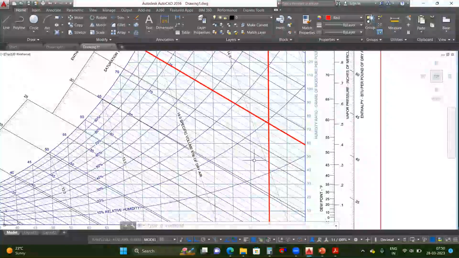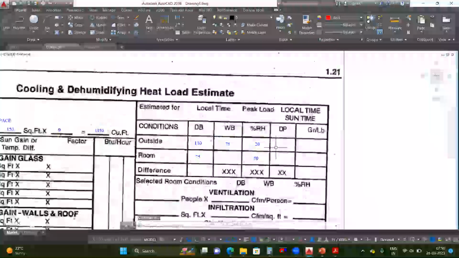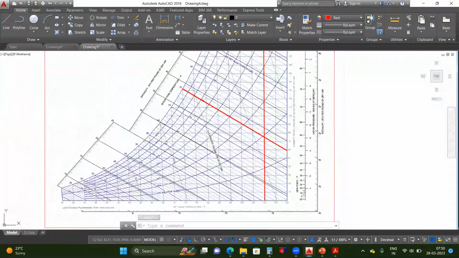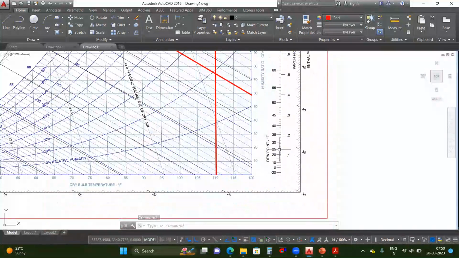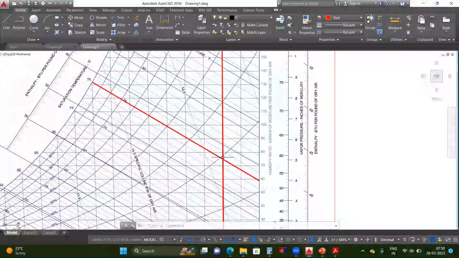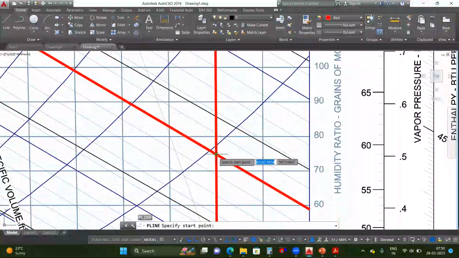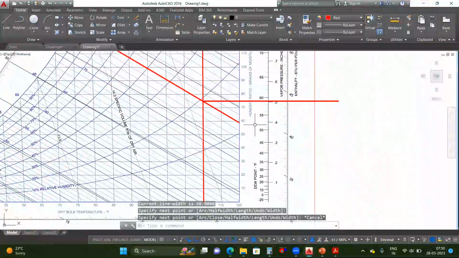Okay. Whatever values are required, we will see once. That is dew point temperature and humidity ratio. So where is the dew point temperature line? This is the dew point temperature scale, and this is the humidity ratio scale. When we draw this one line, we'll get these two values. What is the dew point temperature here?